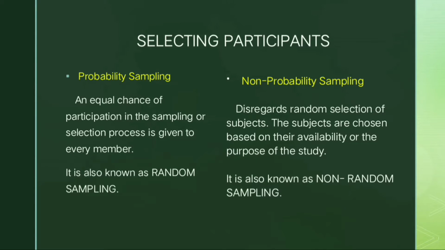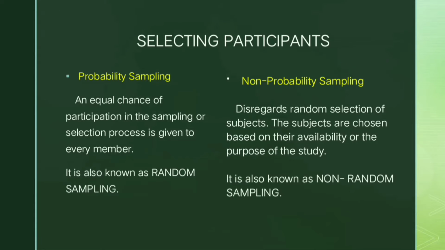So dito sa probability sampling, may process tayong ginagamit para lahat ng population ay may chance na maging part ng ating study. So dito din sa probability sampling, unbiased dito kasi walang control sa researcher sa pagpili ng kanyang magiging respondents.